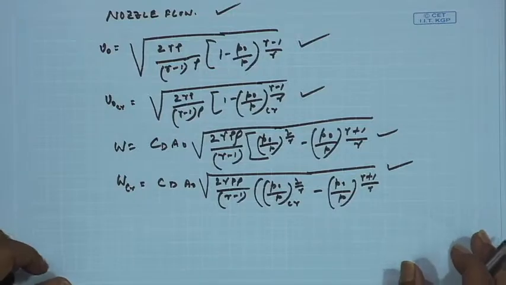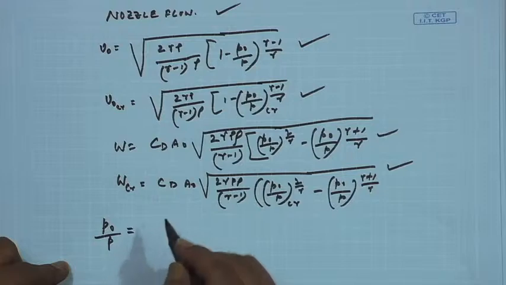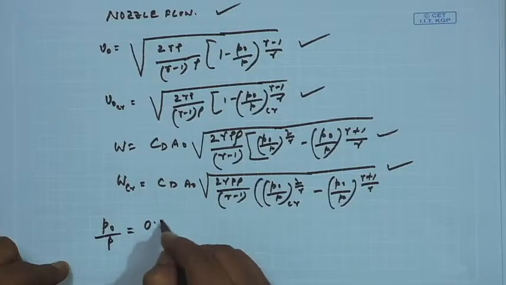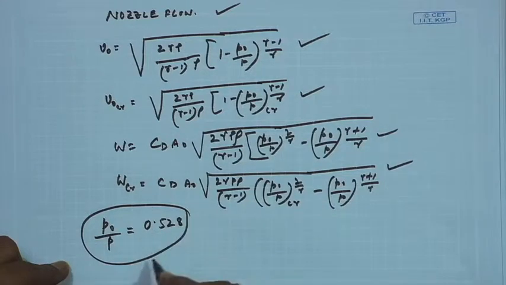If the ratio P0 over P is equal to 0.528, then we call this the critical pressure ratio.